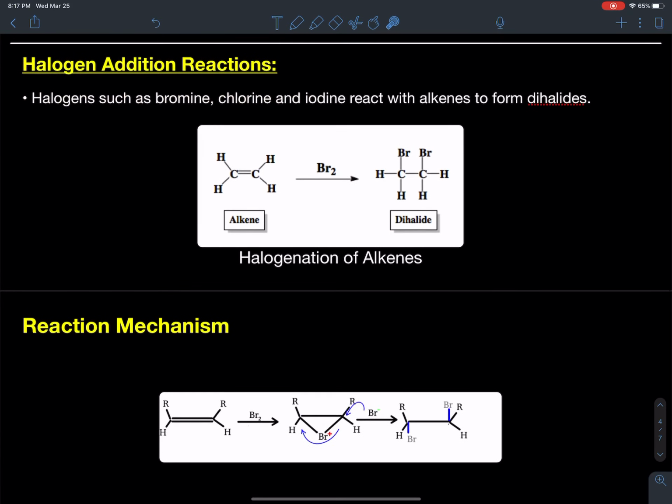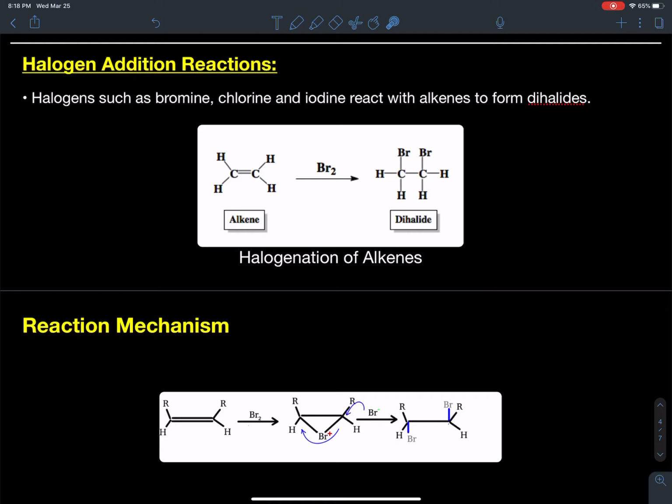All right, the next reaction is adding halogens like chlorine, iodine, or bromine into a molecule that has a double bond. Remember that double bond is very reactive. Okay, it wants to break and form something a little bit more stable. So that bond itself is a little bit electron rich, and it can attack things like bromine and react with it. So halogens such as bromine, chlorine, and iodine can be added.